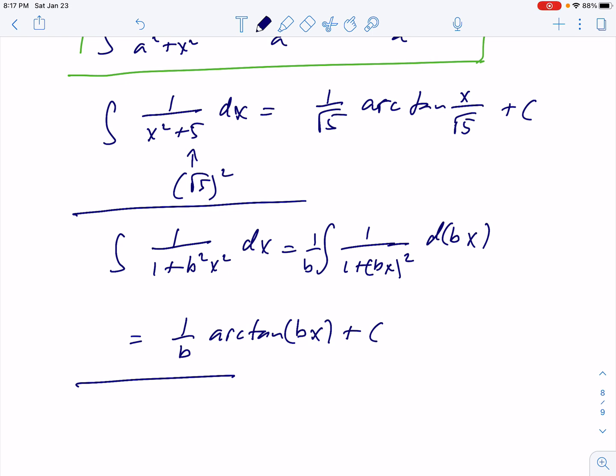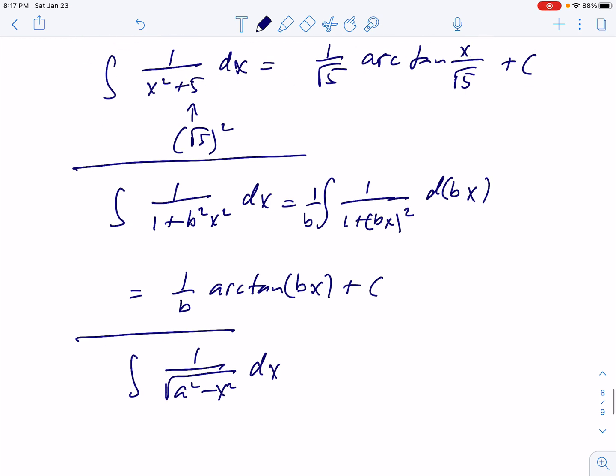What about the arc sine? Integral 1 over root a squared minus x squared dx. Doing similar cosmetic surgery here, putting a squared, this actually becomes arc sine x over a plus c.